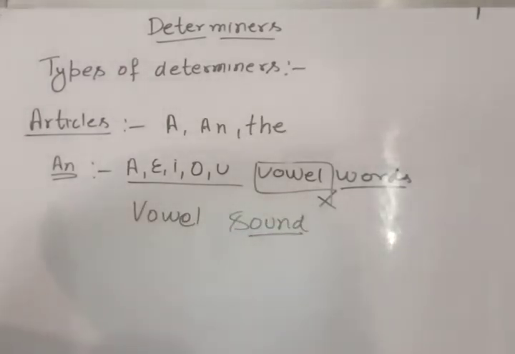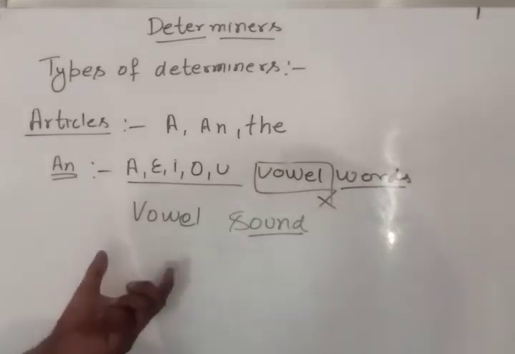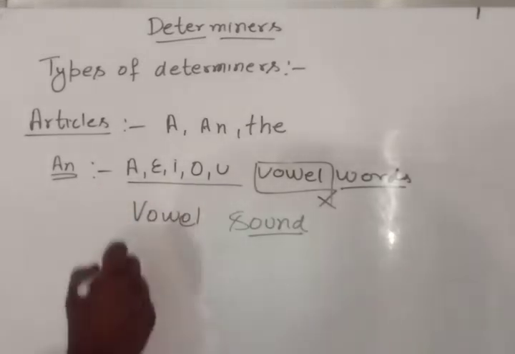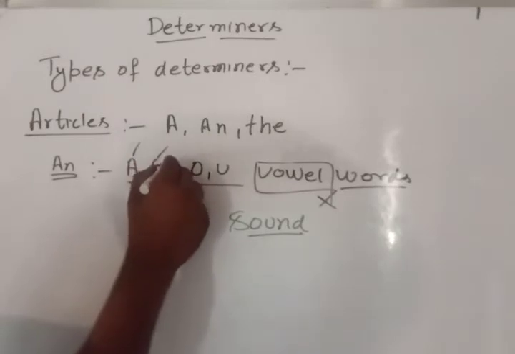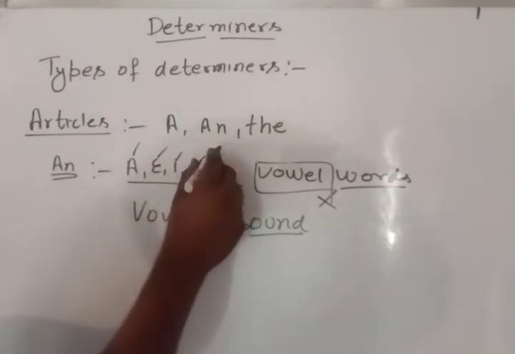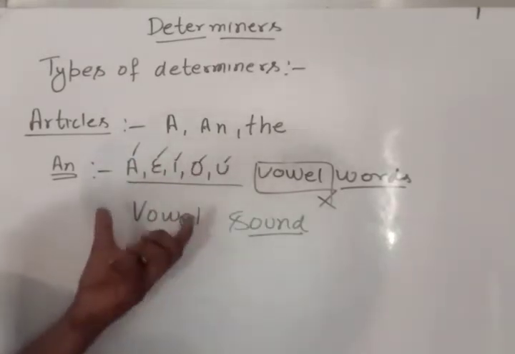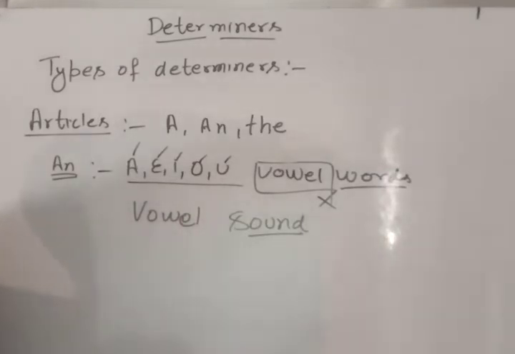Sound. What we need to follow? Vowel sound. So these are the sounds: A sound, E sound, I sound, O sound, U sound. So these are the sounds we need to follow.